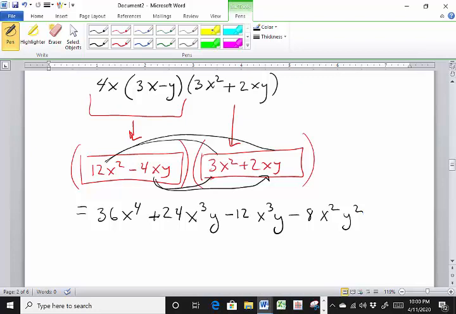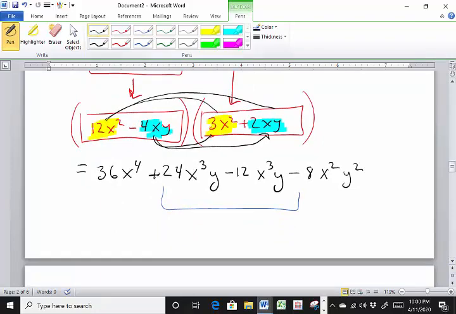Now, one thing I want you to notice is that we have like term and like term, so we'll be able to combine like terms, and they're these two right here. So let's do that. That's going to be 36x to the fourth, and then 24 minus 12 is going to be 12, and that's x cubed y, and then minus 8x squared y squared.